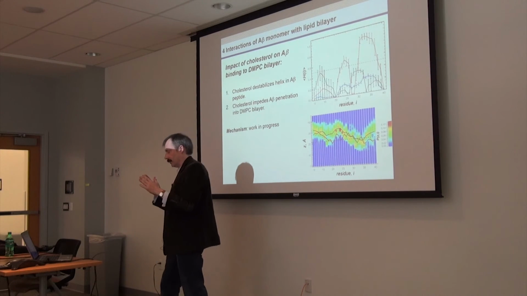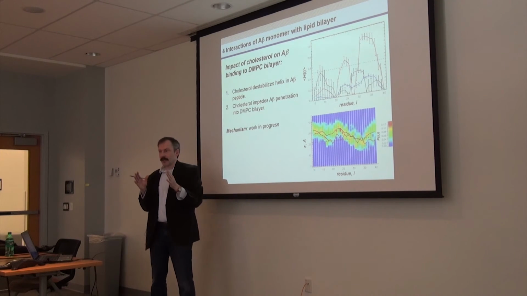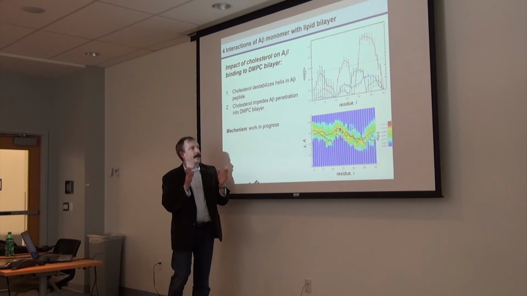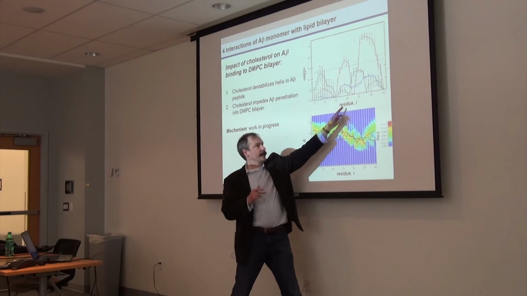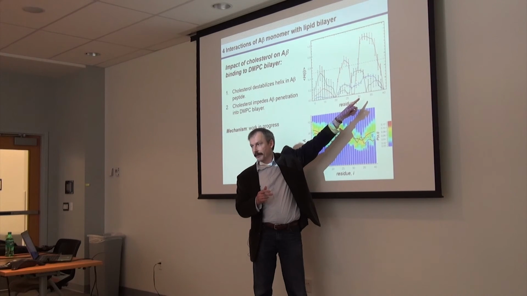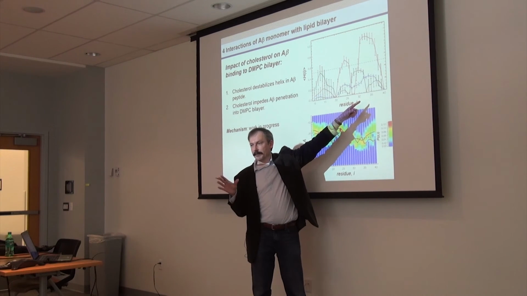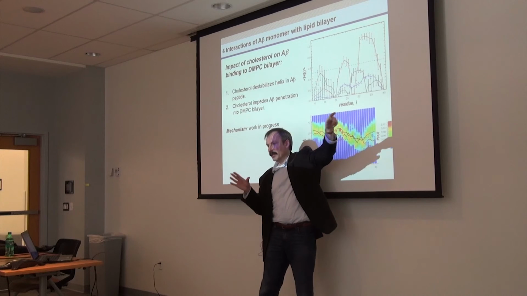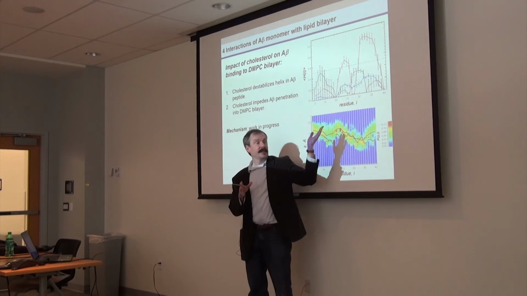For example, the formation of the helical structure in the case when there is no cholesterol can be traced to actually two factors. This region in the A beta peptide has an embedded helical propensity. Basically, there is some trend to form the helical structure if the environment is right. What does the environment mean?